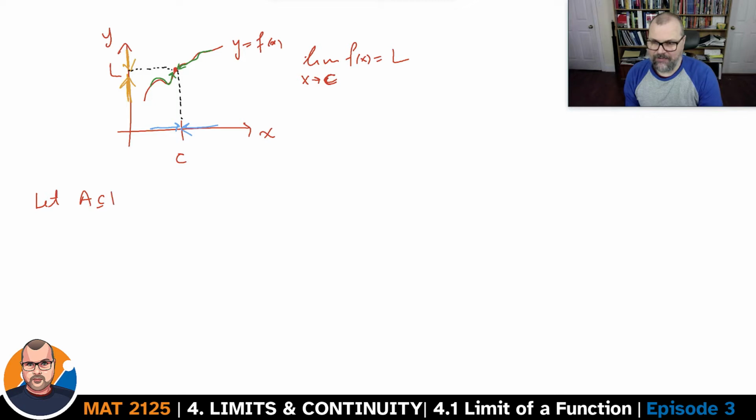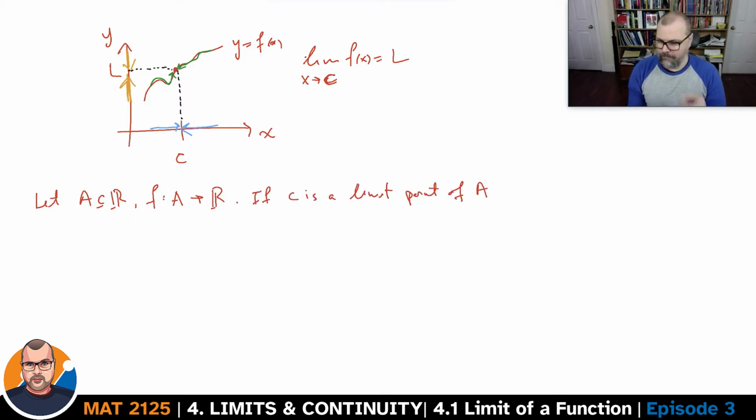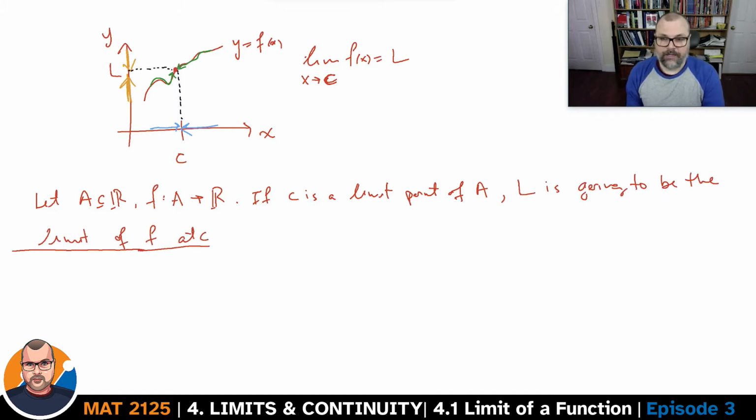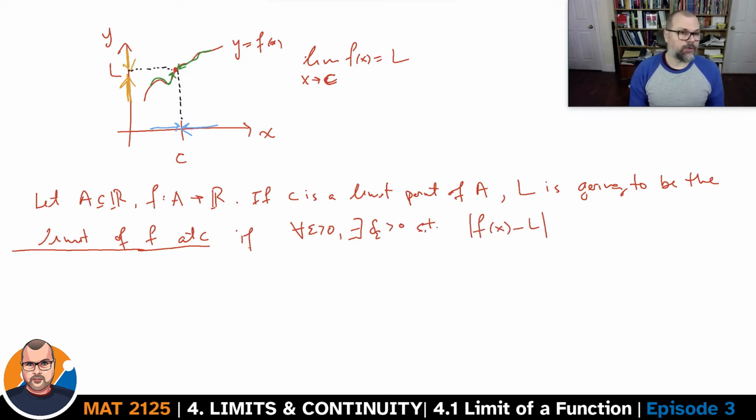Let A be some subset of R, f a function which is defined from A to R. If c is a limit point, okay, it's important, L is going to be the limit of f at c if for every epsilon greater than 0, you can find a corresponding delta epsilon greater than 0, such that the distance between f at x and L can be made as small as you want whenever x is brought close enough to c.